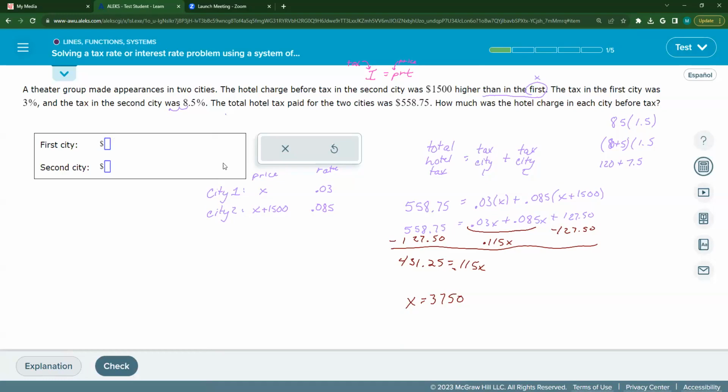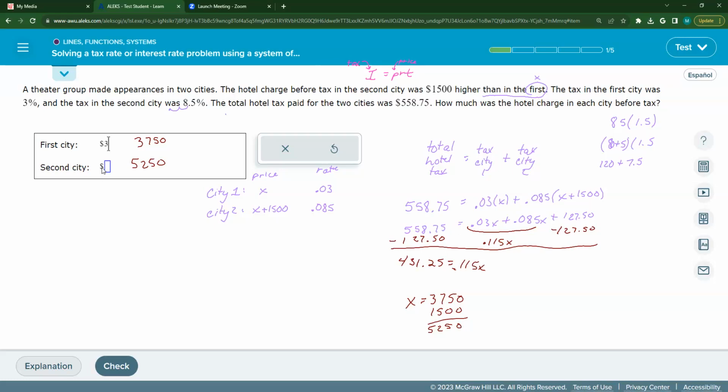All right, so city 1 is going to be 3,750, and city 2 is 1,500 more, so I'm going to add 1,500, 5,250. All right, so we're going to type it in, and then hopefully my adding didn't get creative.